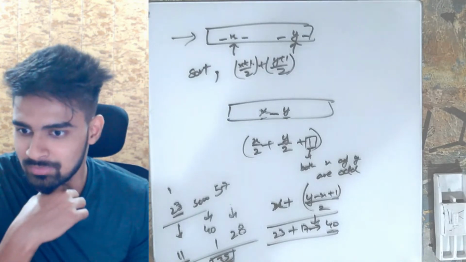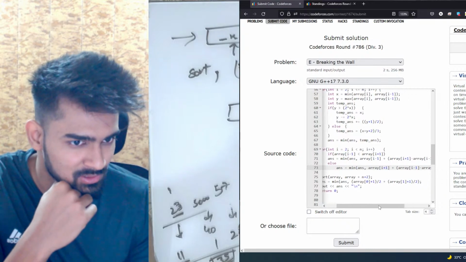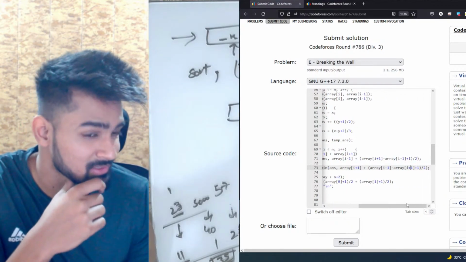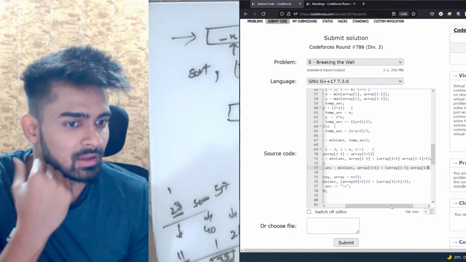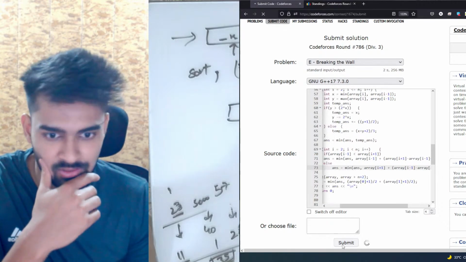Oh, I am not showing my screen. Okay, so what I've actually done is if array[i] is less than array[i+1], array[i-1] plus array[i+1] by 2. Yeah, perfect. Or array[i+1], array[i-1]. Yeah, cool. Let's try to submit.